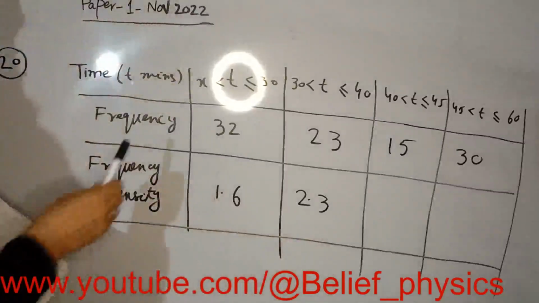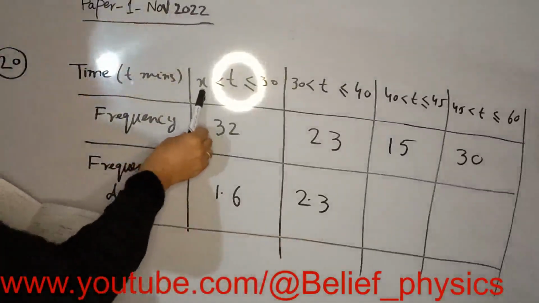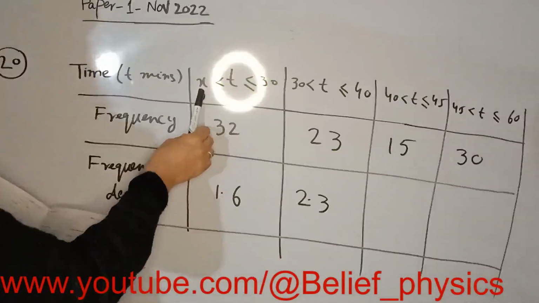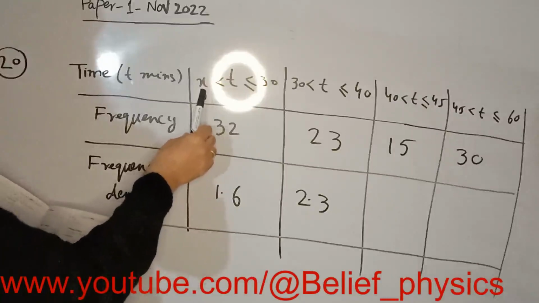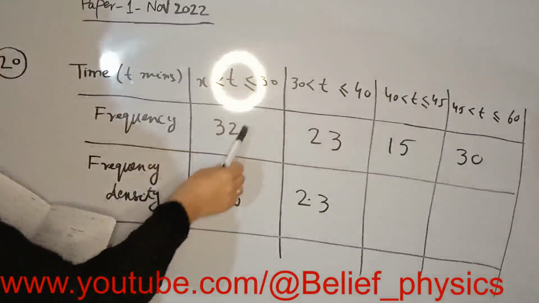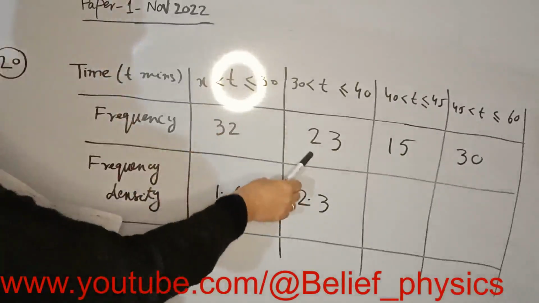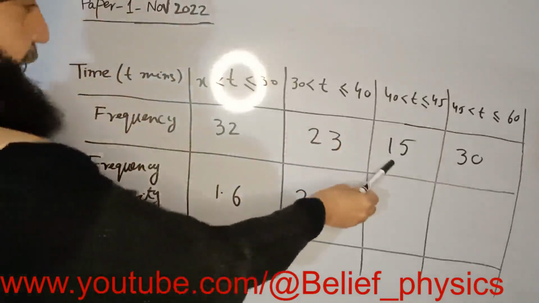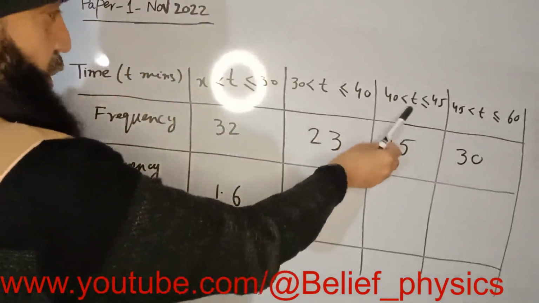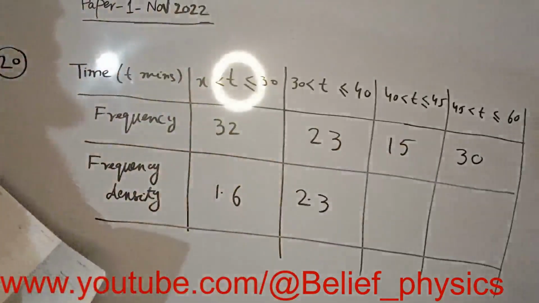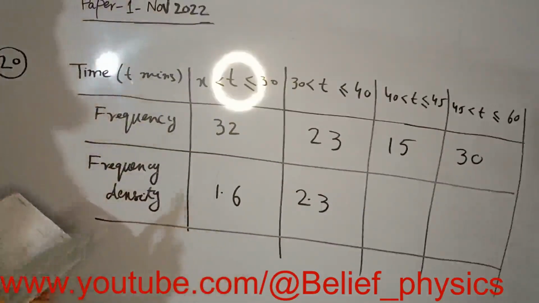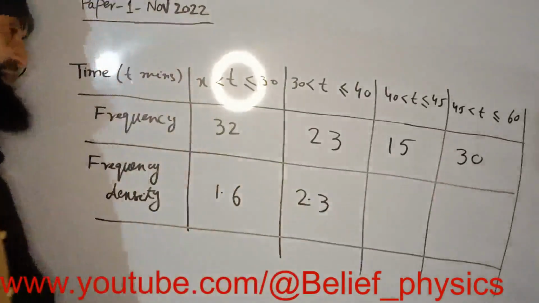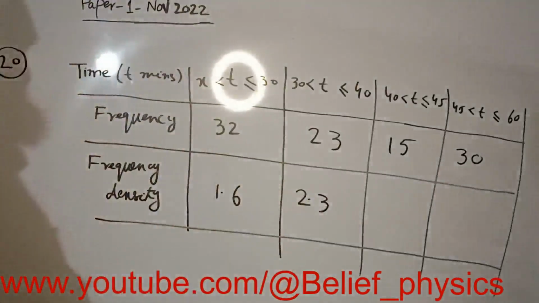There are 100 children. So the table shows that there are 32 students who spend between x to 30 minutes, 23 students spend 30 to 40 minutes, 15 students spent 40 to 45 minutes, and 30 students spent 45 to 60 minutes. If we sum all these frequencies, it will be equal to 100. Definitely it should be equal to 100.